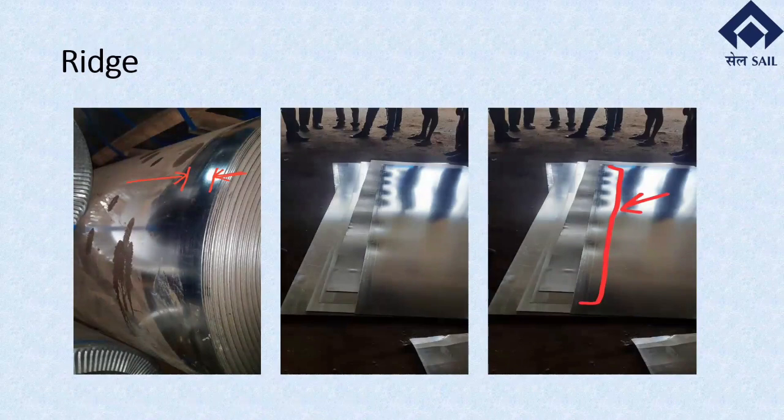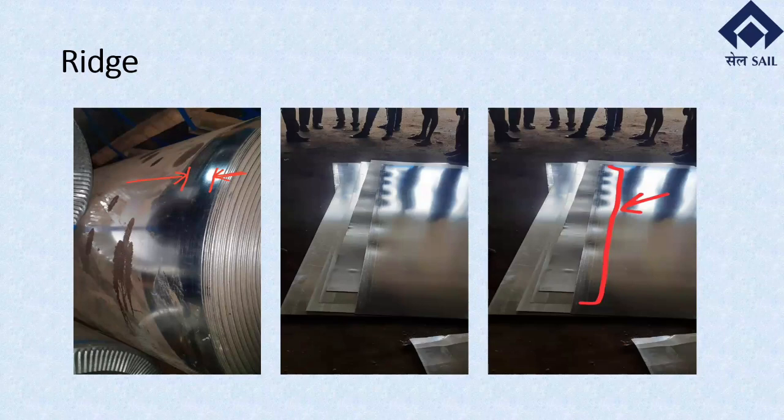In ridge we have small pockets. In the third photograph you can see small pockets are formed. This is ridge, which is developed at the hot rolling stage, and it is not possible to eliminate it in the cold rolling stage.